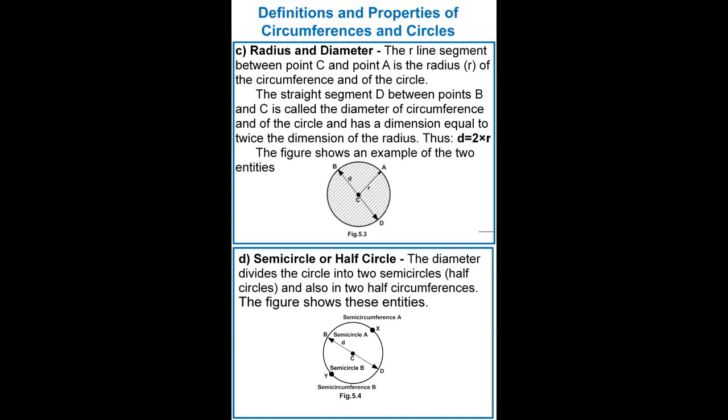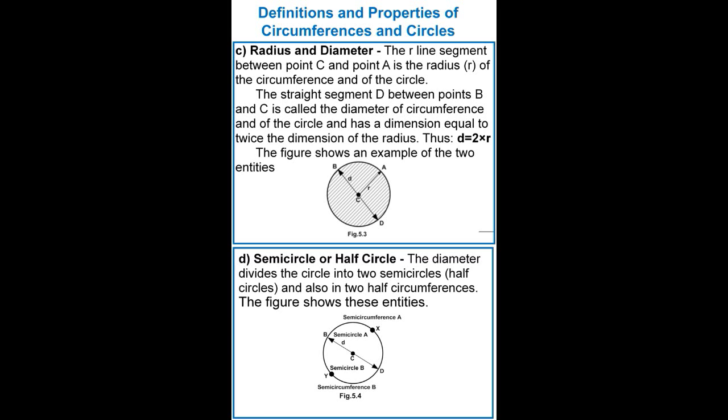In this second slide is presented the definition of a radius, normally named r, which is the segment of a line r between point C and point A of the circumference and circle.